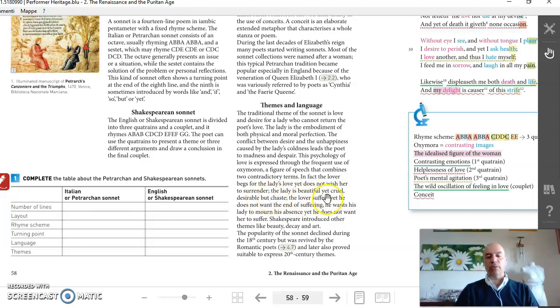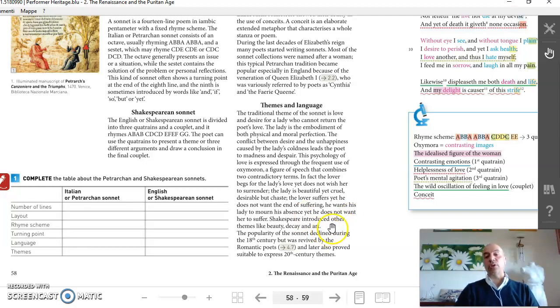The lady is beautiful, but cruel. Desirable, but chaste. The lover suffers, yet he doesn't want to end the suffering. He wants his lady to mourn his absence, yet he does not want her to suffer. So there are always contrasting ideas about love and desire.